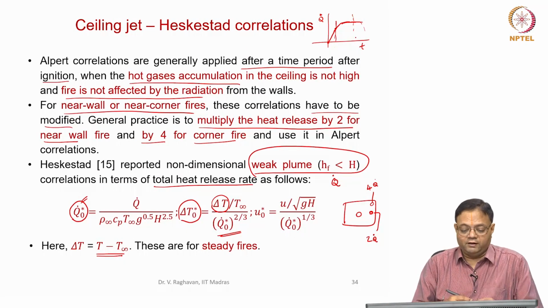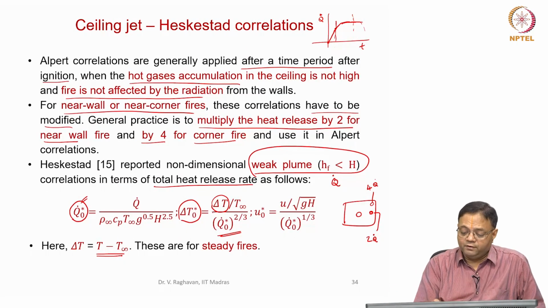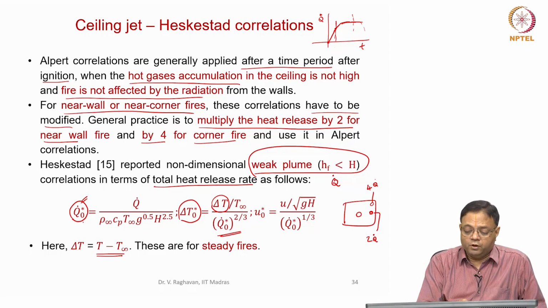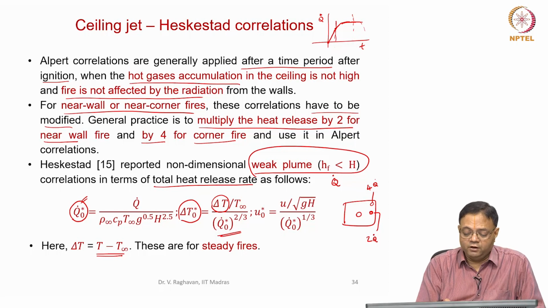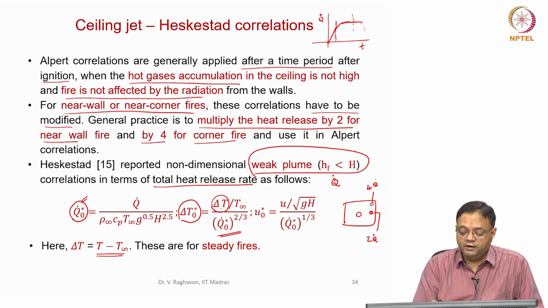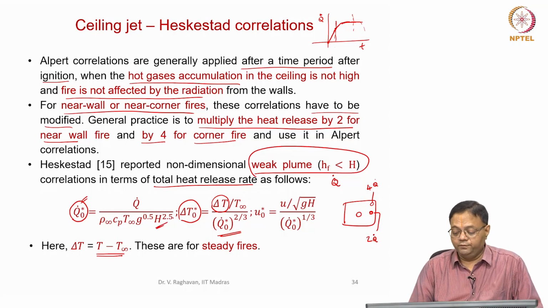When we bring in the Heskestad theory, we get some sort of normalization, where delta T star is written as delta T, obtained from the Alpert correlation, non-dimensionalized by T infinity and divided by this non-dimensional heat release factor, where the ceiling height is also considered.